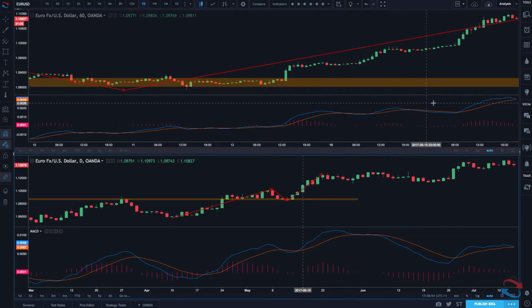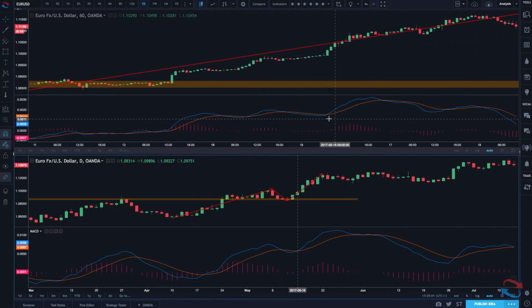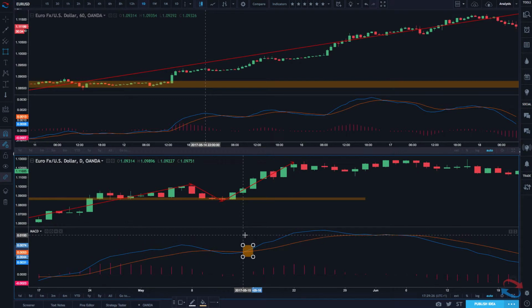Once we move across, we can see that the daily starts to move across. So it was really from here on the daily time frame where we saw the signal line cross. So let me just highlight that for you. It was really right here that we saw the signal line cross the MACD line.